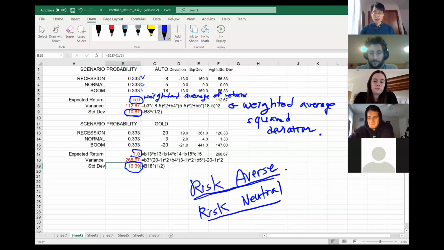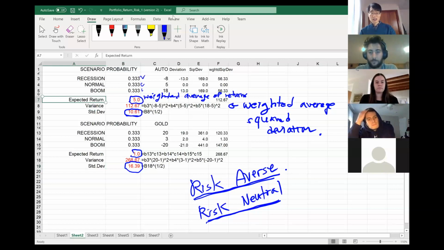In the case of the risk neutral investor, they will pay attention to the expected value, but they are not going to pay attention to the risk. So if you are a risk neutral investor, which one would you pick, auto stock or gold? You will just pay attention to the expected return.